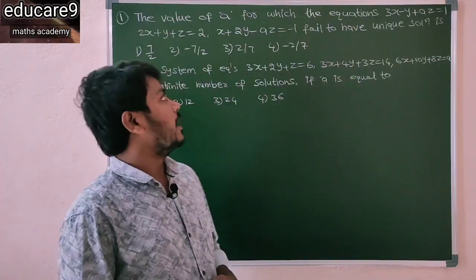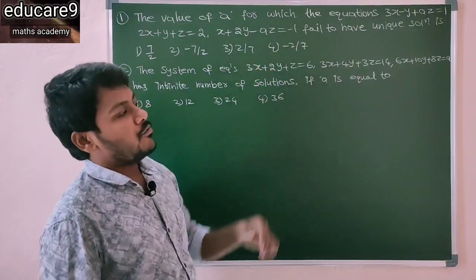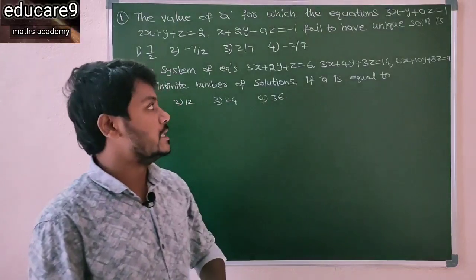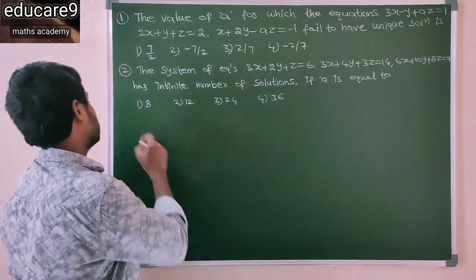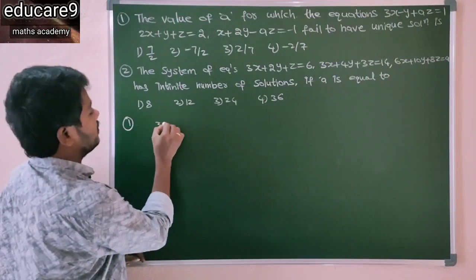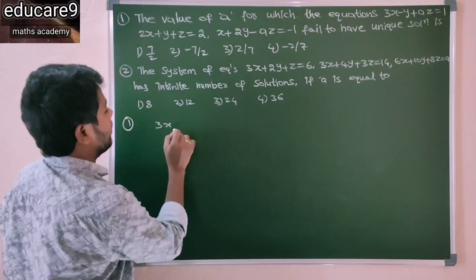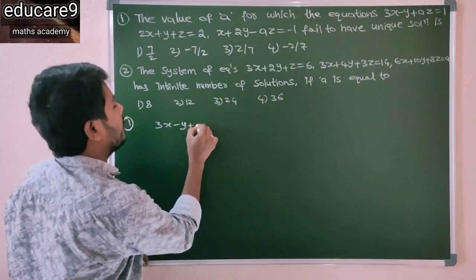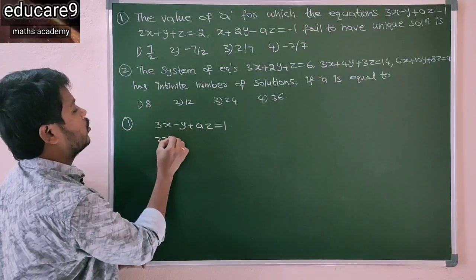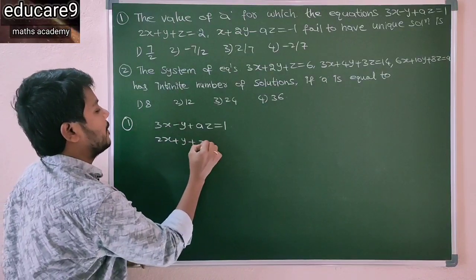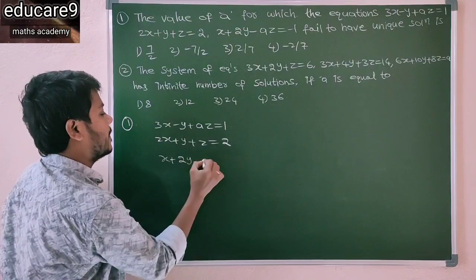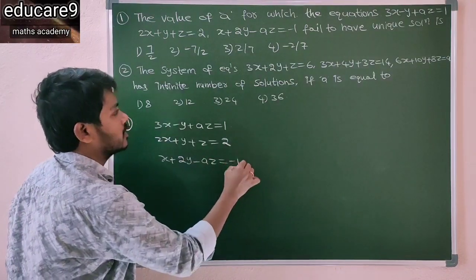So see the first one, the value of a for which the equations fail to have a unique solution is. Given equations 3x minus y plus az is equal to 1, 2x plus y plus z is equal to 2, x plus 2y minus az is equal to minus 1.